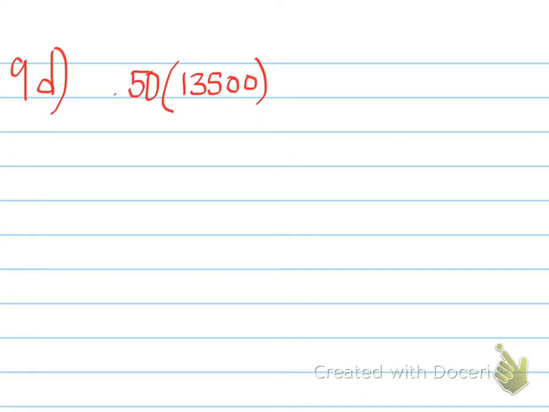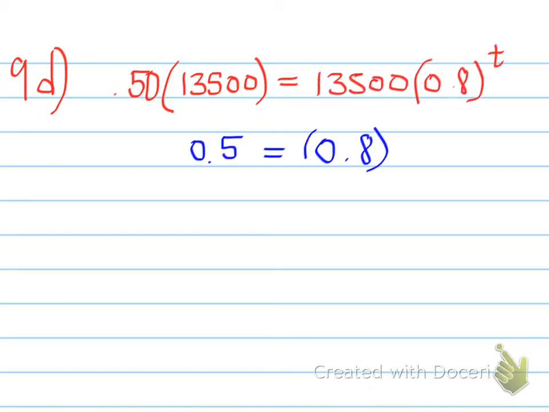All right, now, 9D asks the question: when will it decay to 50% of its original value? Well, 50% of its original value means we take the equation. Now look at this, folks. This 13,500 can divide by this 13,500 so that you're left with just 0.5. 0.5 is equal to the function, and you need to find the value of t.